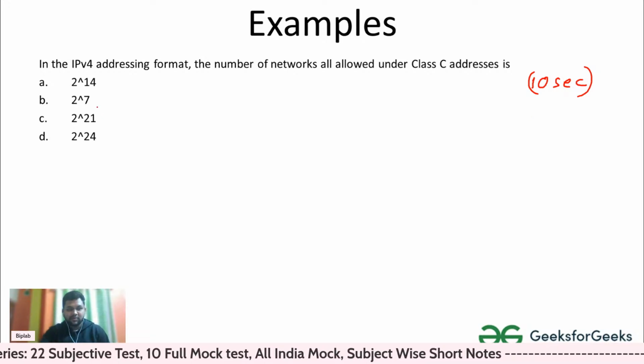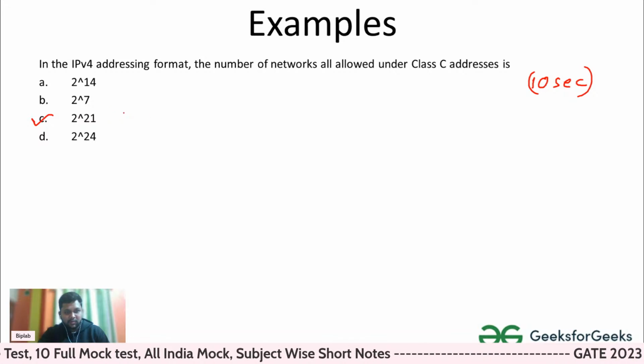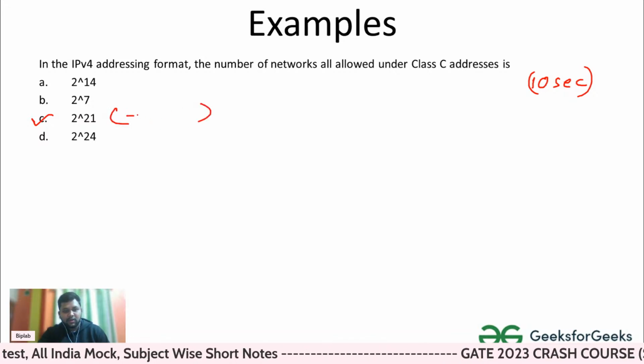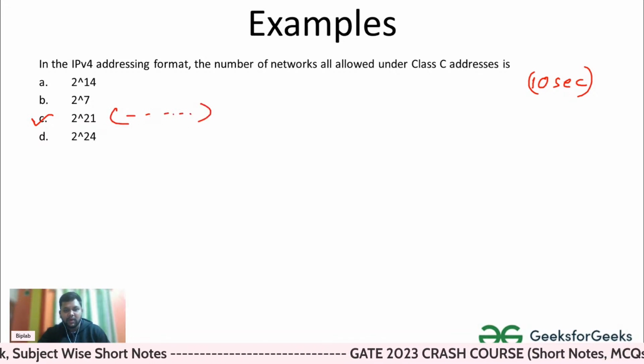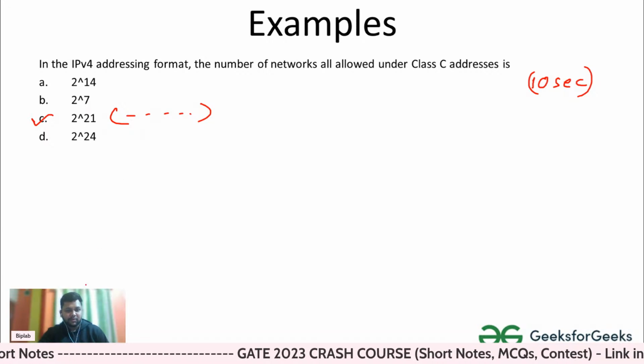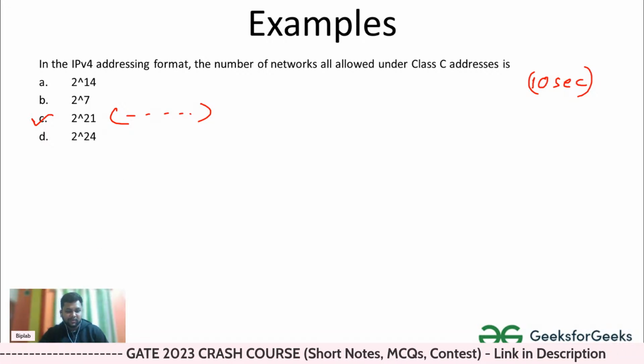Yes. So this was the easier one. You have seen, you can see the explanation from before. We have found the number of networks possible in class C. Okay.